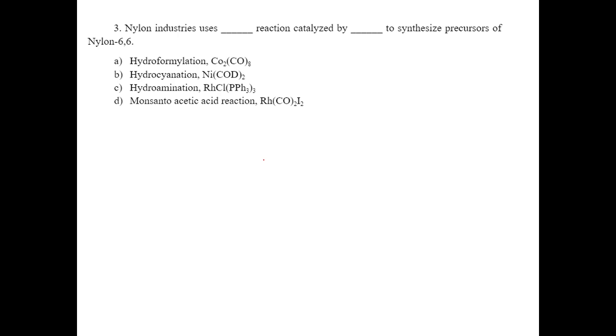Hydrogenation reaction means you take one olefin and put two hydrogens on it, basically going from unsaturated to saturated, right? So let's say in this process you are preparing the product in such a way that it may be chiral.